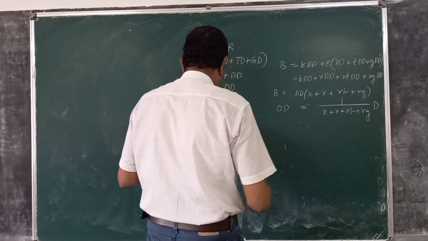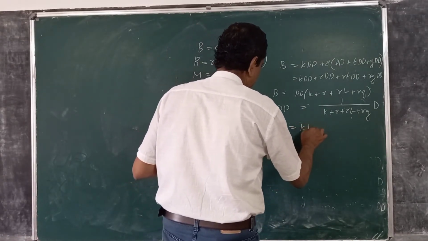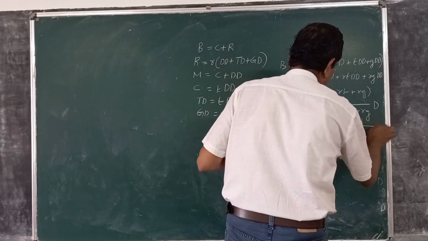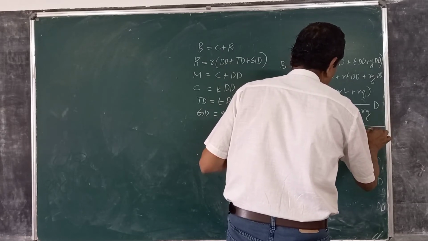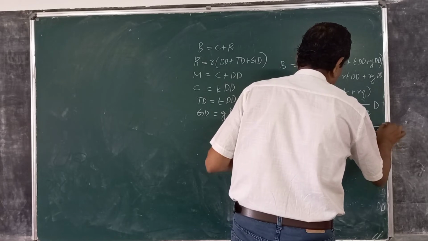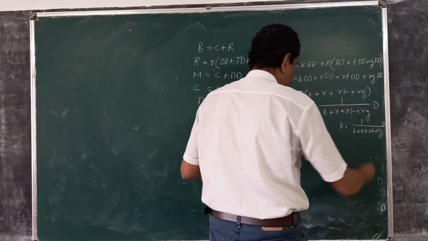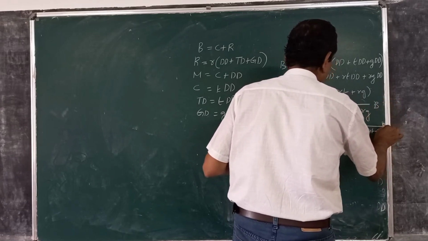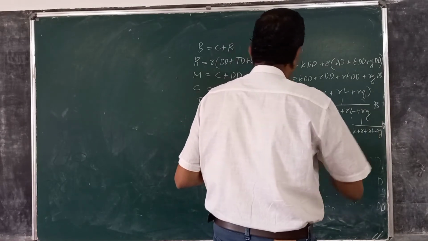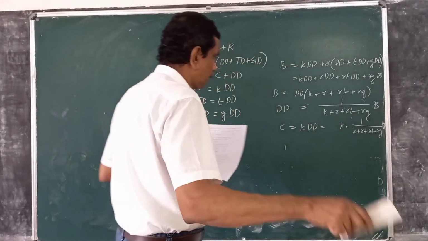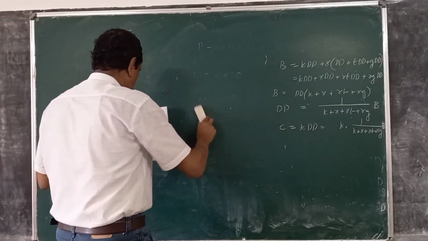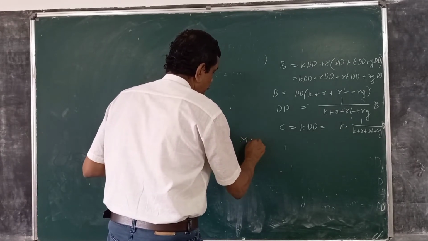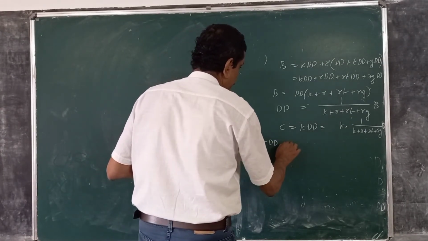Now we know that C is equal to K into DD. So C is equal to K into 1 by K plus R plus RT plus RG into B. Now substituting, we have M is equal to C plus DD.